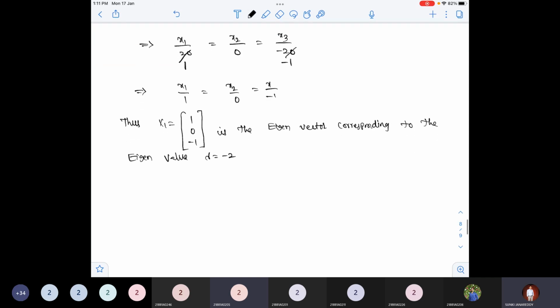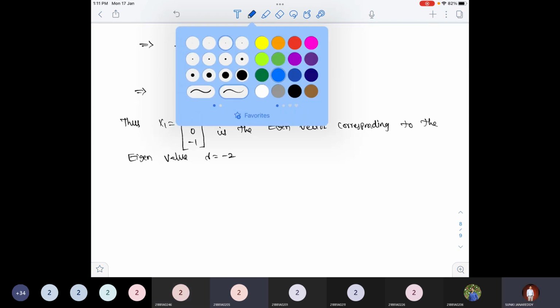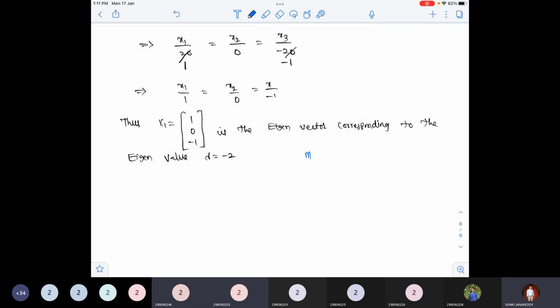Here for minus 2, how many eigenvectors we got? One. So algebraic multiplicity is equal to what? Geometric multiplicity.